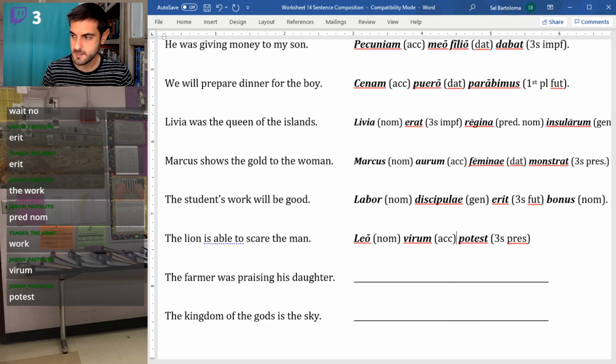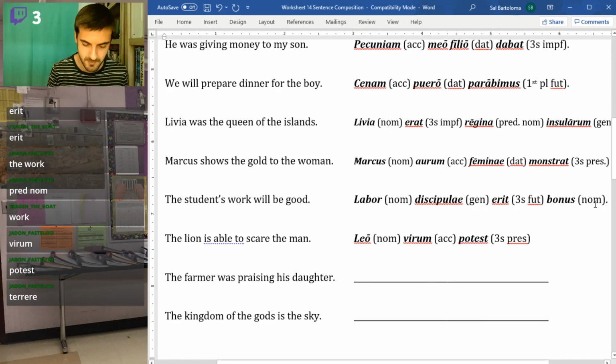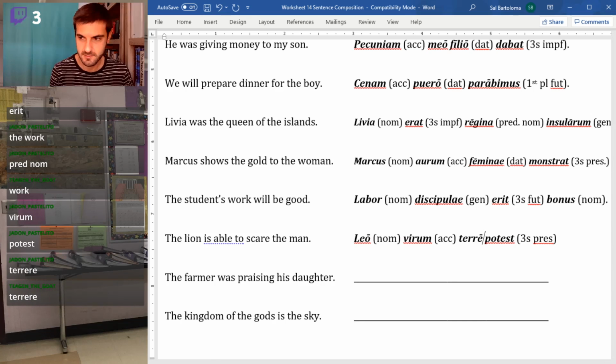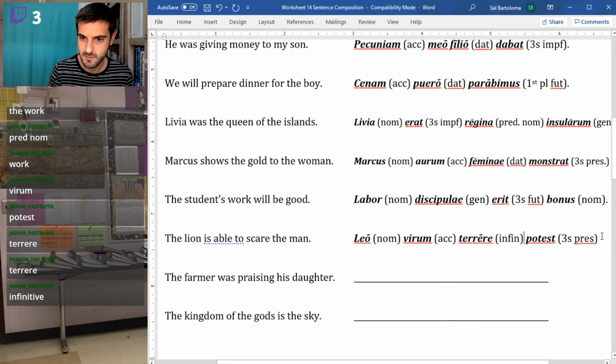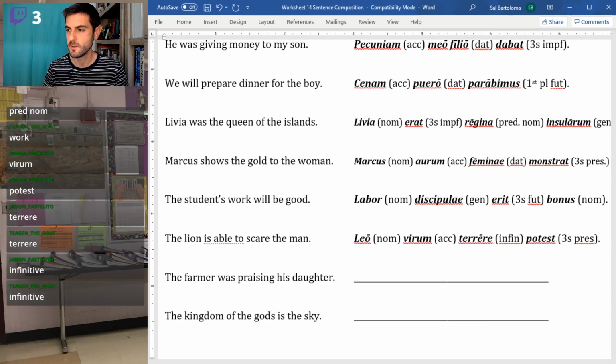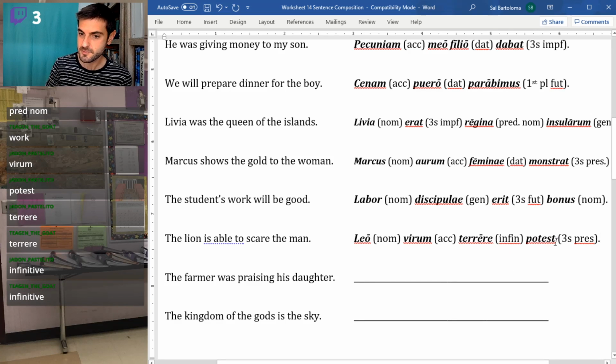That is my... And what is that form called? Terrere is absolutely correct. What's that form? Infinitive. Let's go. Right? We need an infinitive because of this verb, potest. He's able to do something. He's able to scare the man. Fantastic.